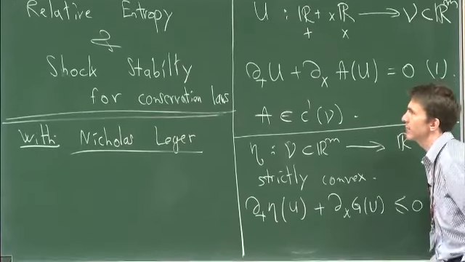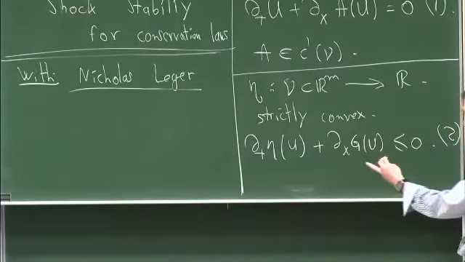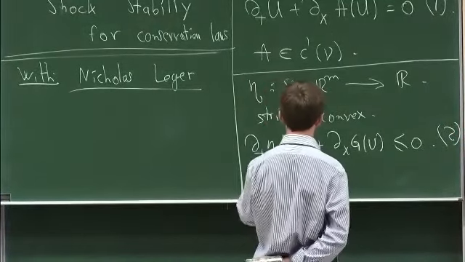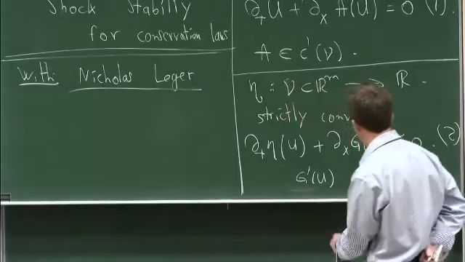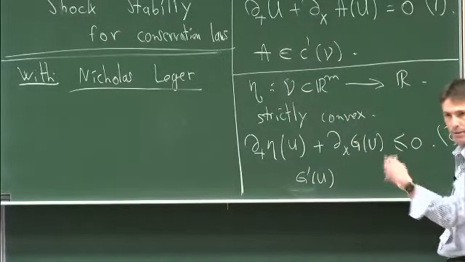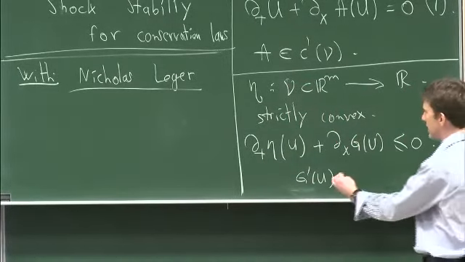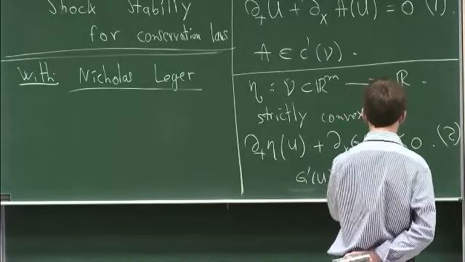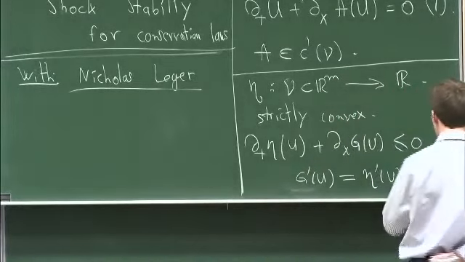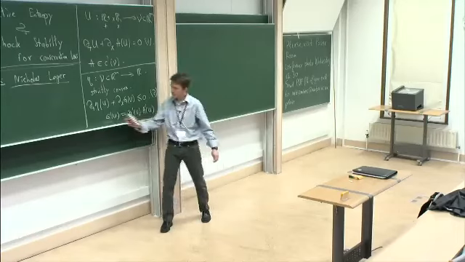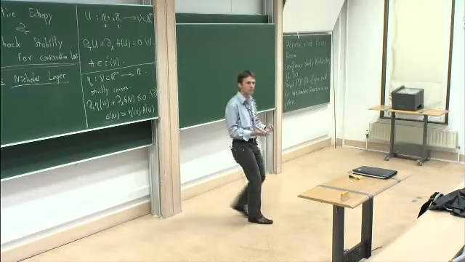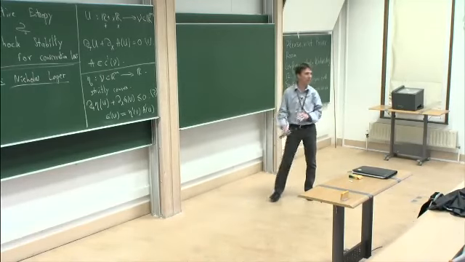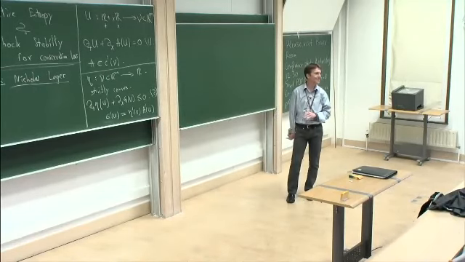The fact that you have this structure means that you have some condition on G. This means that G prime of u, which is actually a vector, because G and u lie in R^m, can be written in the form eta prime of u times A prime of u. The fact that eta prime A prime can be written as a gradient is a strong structure; especially, it implies that A prime of u is diagonalizable.